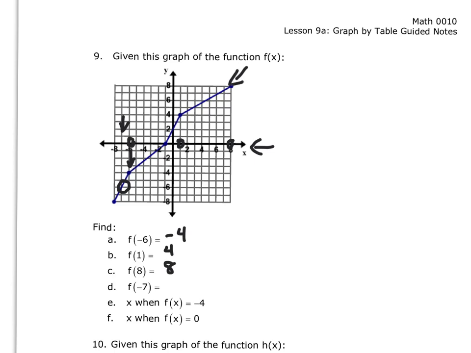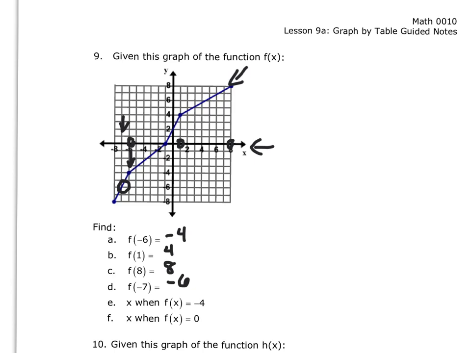I could still see where it crossed, and it crossed down there at -6. So you have to be able to read the graph, not just look at the dots. And sometimes you may have to estimate where the line crosses if it doesn't cross exactly on crosshairs of tick marks.